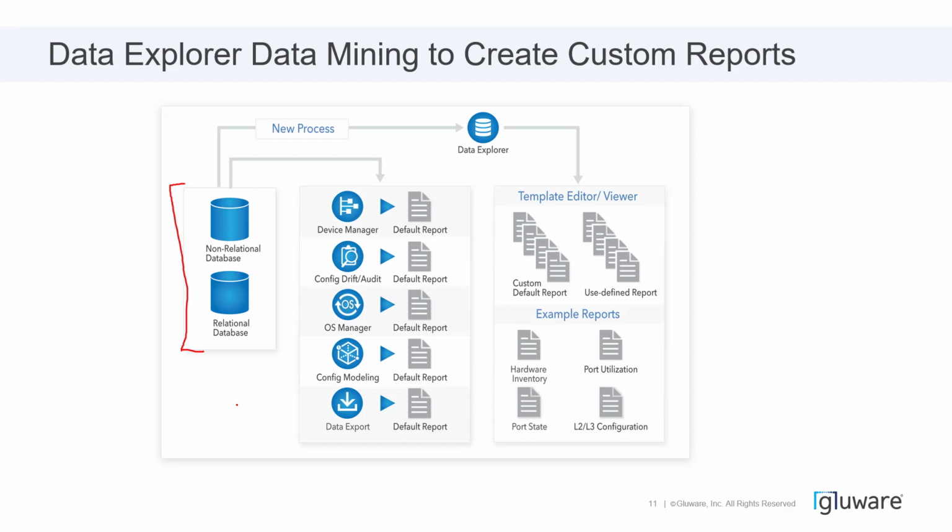Prior to 4.1, the way you access or view the data is when you navigate into each solution like Device Manager, Drift and Audit, OS Manager, you have the grid-related data in the Device Explorer, and you have a default set of reports that is generated out. And that was a fixed report. It was essentially all the data from that app.